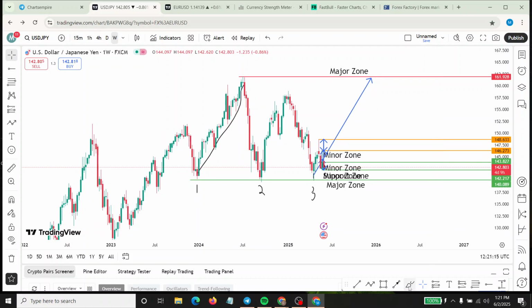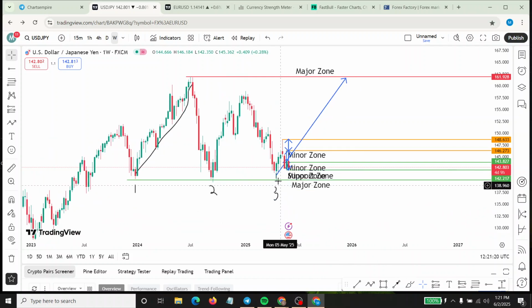Now for swing traders, they will have made their decision, their entry. Where will swing traders make their entry? We've experienced at least two touches here. The first touch here, the second touch, and the market is coming all the way to create a third touch.